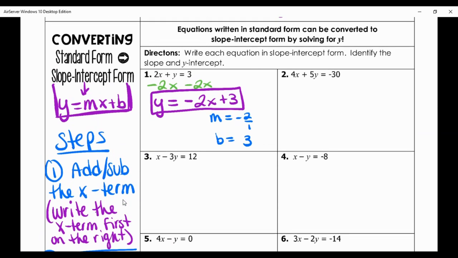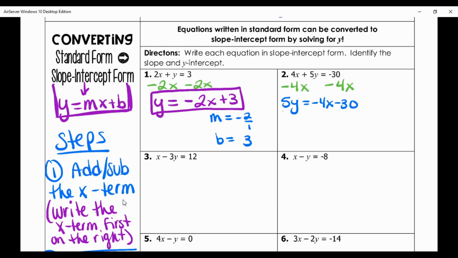So step 1, we want to add or subtract the x term. So for number 2, it's positive. So we're going to subtract 4x from both sides. So now we want to divide each term by the y coefficient, the number that's being multiplied times y.